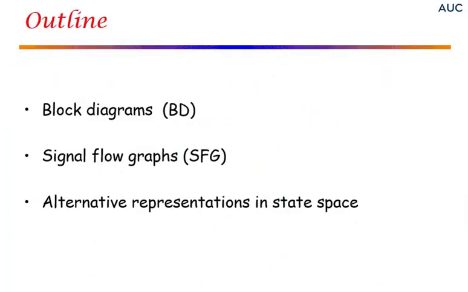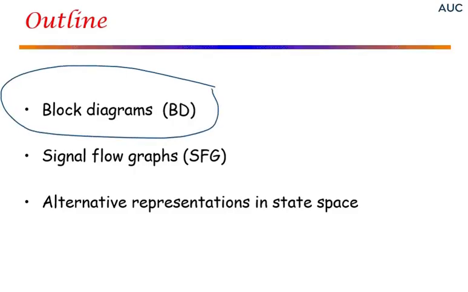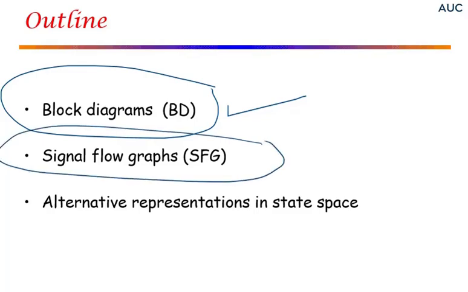So what is the outline of the chapter? First, we'll talk about block diagrams, and this is the topic of this lecture. Then we'll see another graphical representation of the modeling equations, and that's called the signal flow graph.